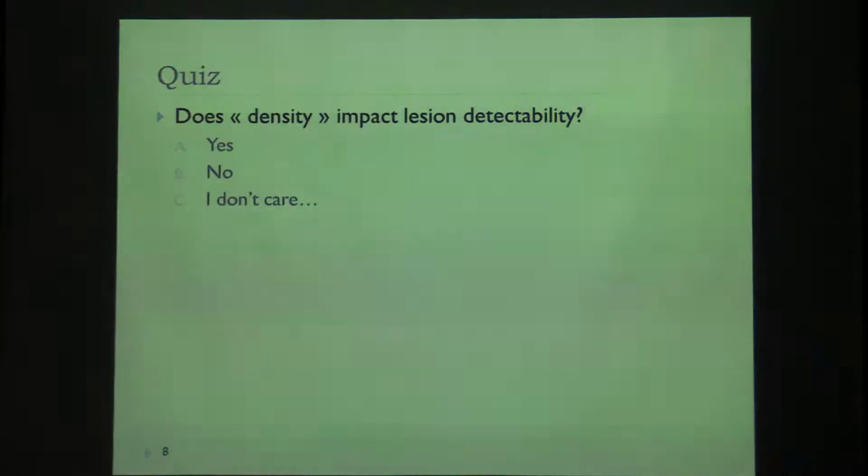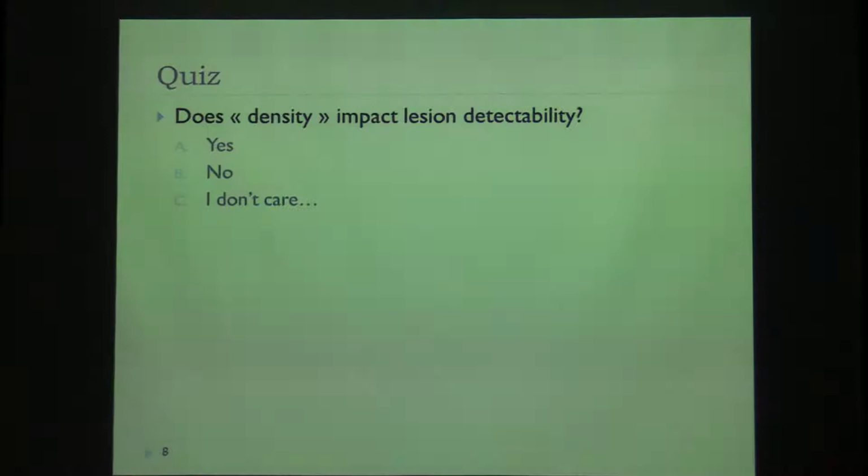Question: does density impact lesion detectability? Well, you say density. If you're talking MRI, I'm talking about MRI.